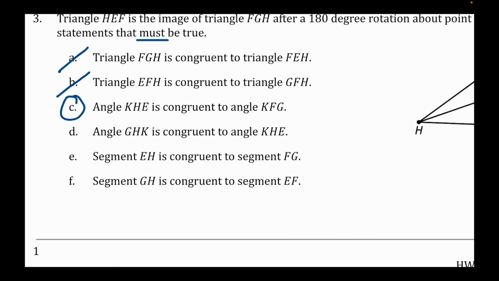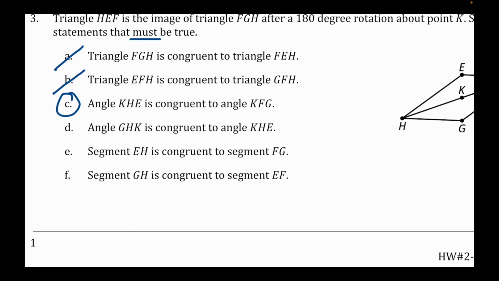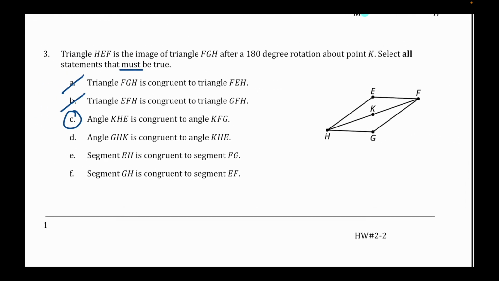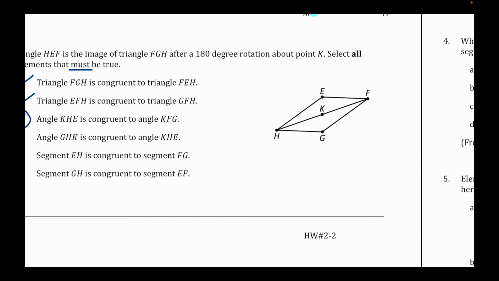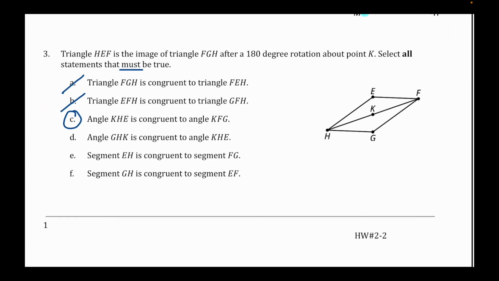GHK congruent to KHE. GHK and KHE are giving us these angles that are right next to each other right here, and those aren't necessarily going to be congruent.